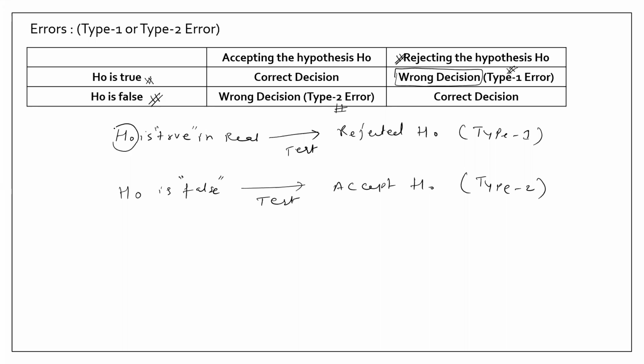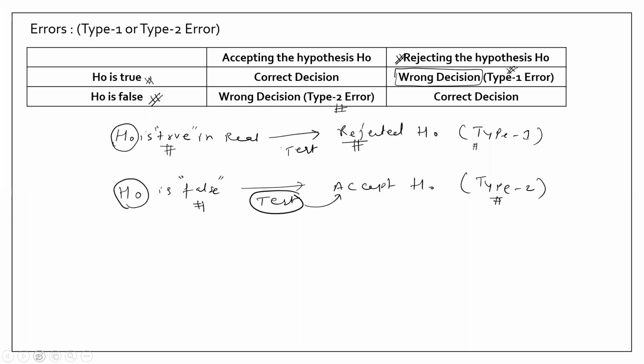The null hypothesis, whatever you are formulating, in real if it is true, but by using the statistical test you reject the hypothesis H naught, then you have committed the type 1 error. Whereas if your null hypothesis is actually false, and by your statistical test you accept the hypothesis H naught, then we have committed a type 2 error.